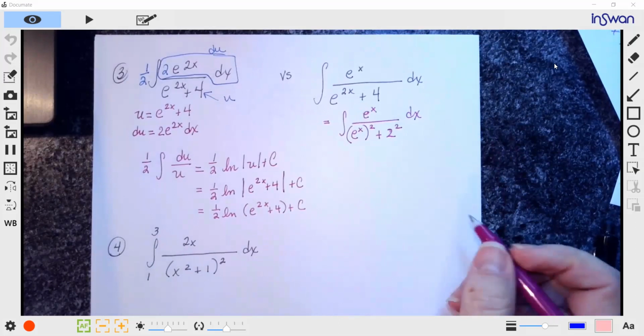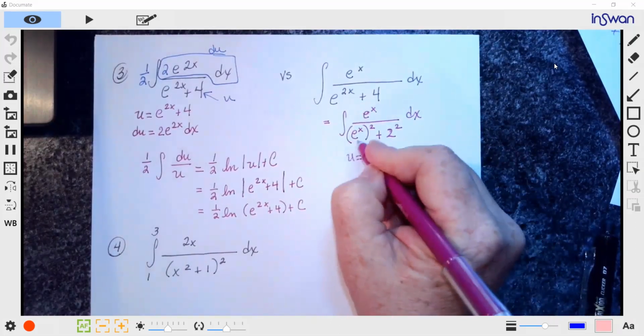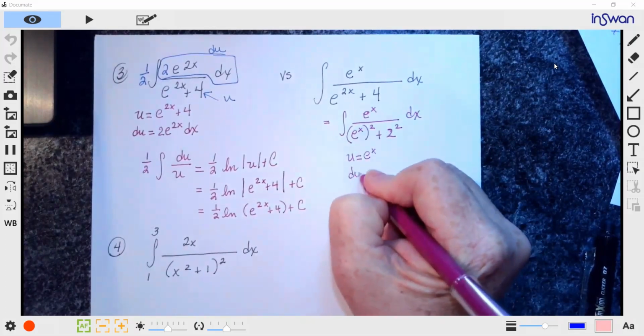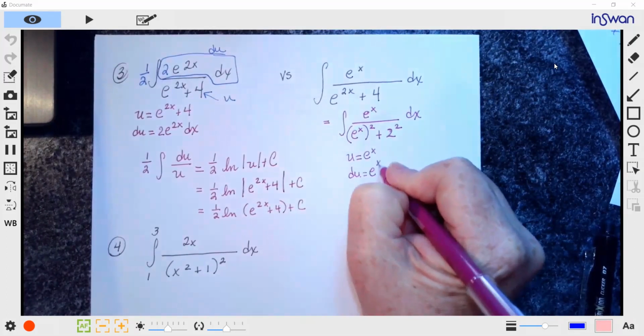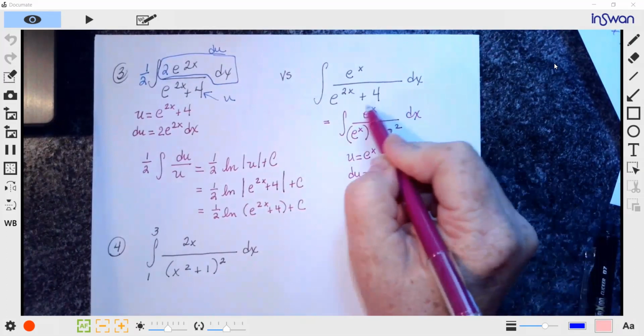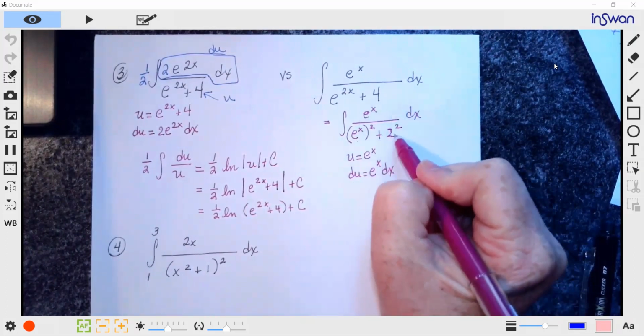All right. So this, if I choose u to be just the e to the x, then du would be e to the x dx. And this would be du over u squared plus a squared.